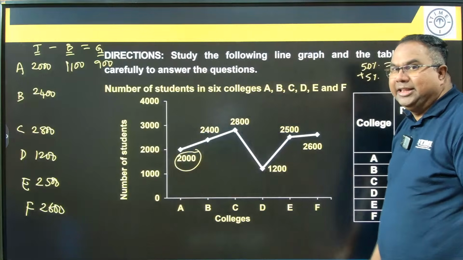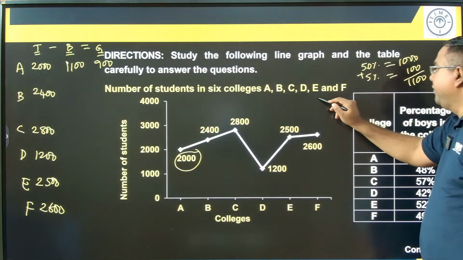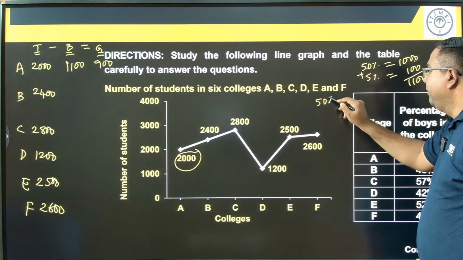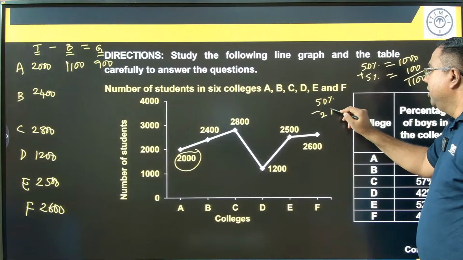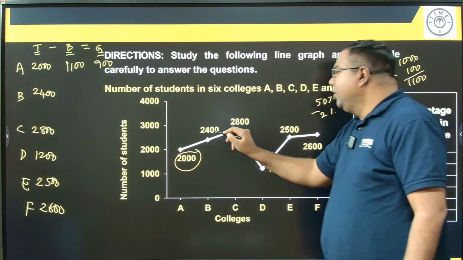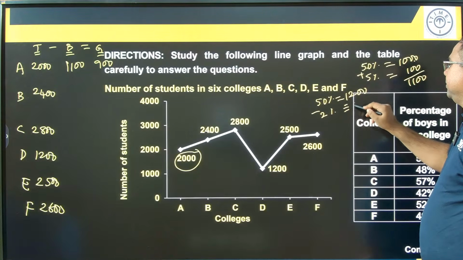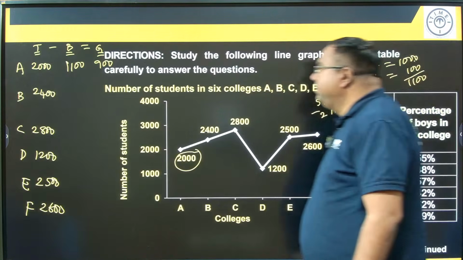I'm just writing the values in the given set. Then 2400. Number of boys are 48%. How do you get 48%? Simple. 50% minus 2%. 50% means half, 1200. Minus 2%. 1% is 24, 2% is 48.